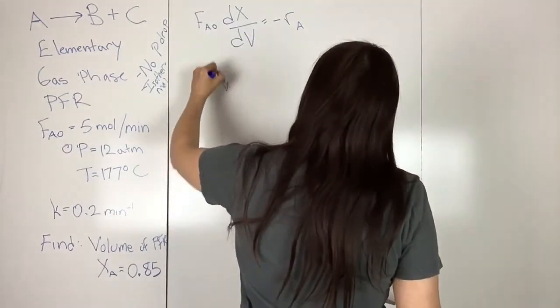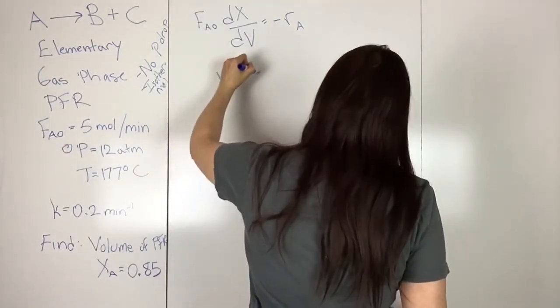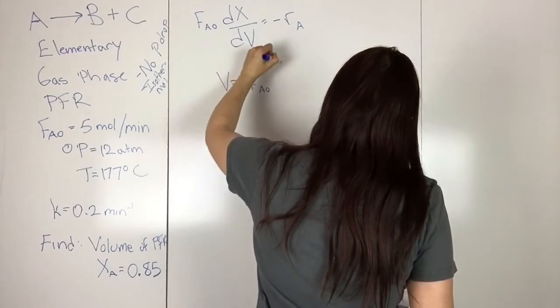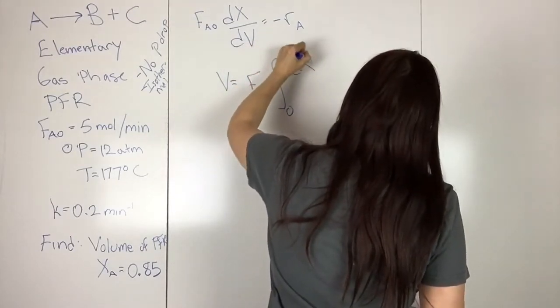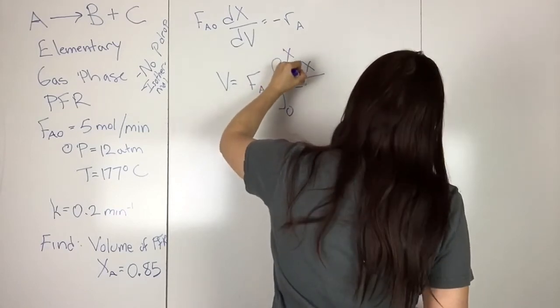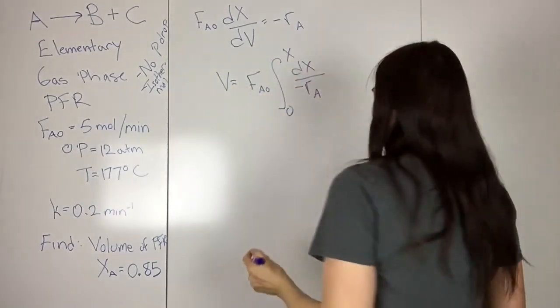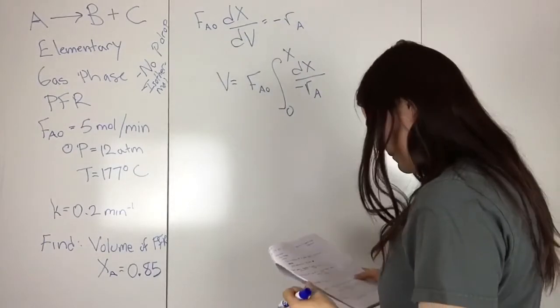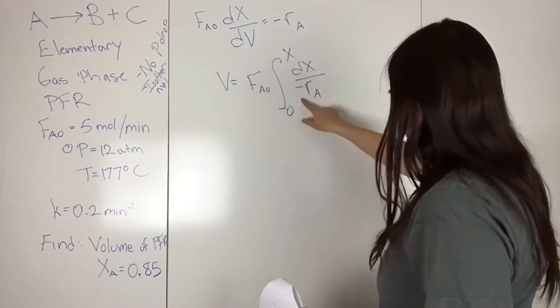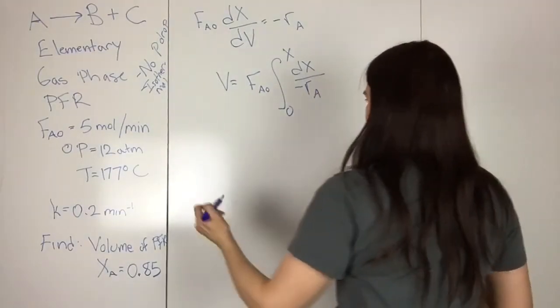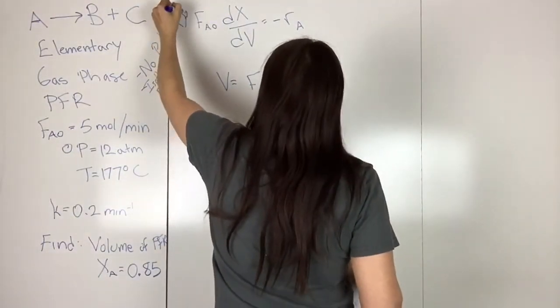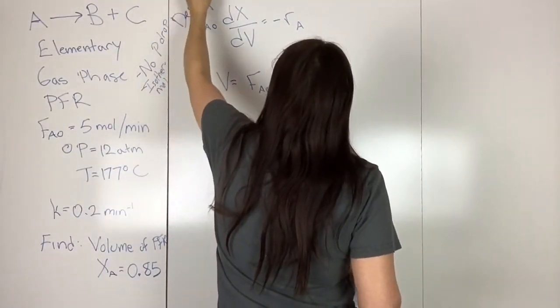So V is equal to FA naught times the integral from 0 to X of dX over minus rA. This is the design equation.